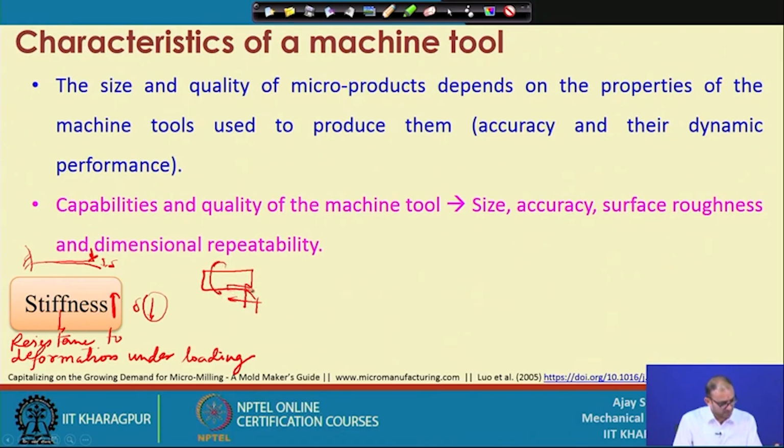So, this much physical resistance is also provided by the workpiece, and the tool is also providing enough force. Under this particular condition, how much is the stiffness? Suppose you want to move from here to here, whether you are cutting exactly in the same direction or your workpiece is bent in this direction, and sometimes the tool is also deflecting. That is decided by the stiffness of the different components of the machine tool.